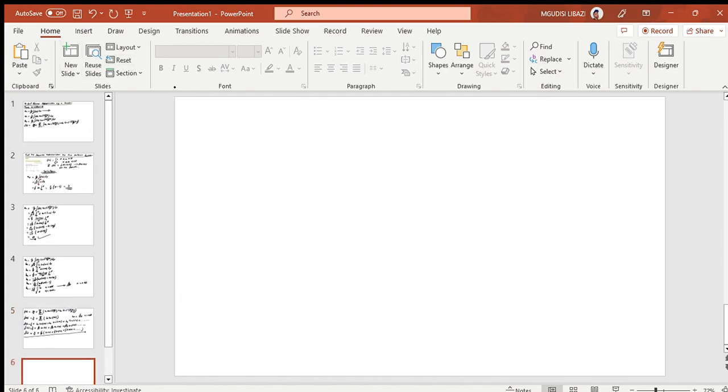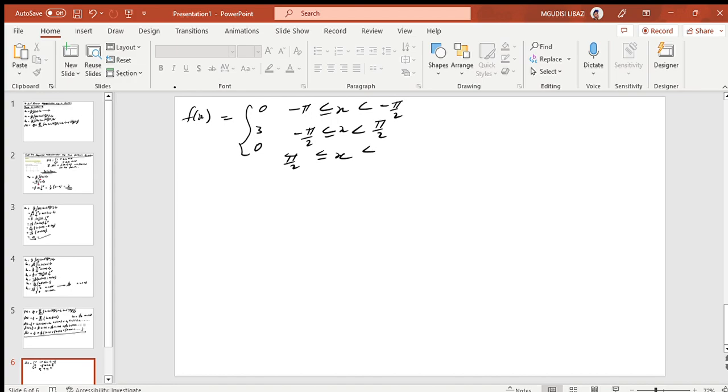Now the second example. We're given that f of x is equal to 0, 3, 0, with limits from negative pi less than x, then negative pi over 2 less than or equal to x less than pi over 2, and then pi over 2 less than or equal to x less than pi.